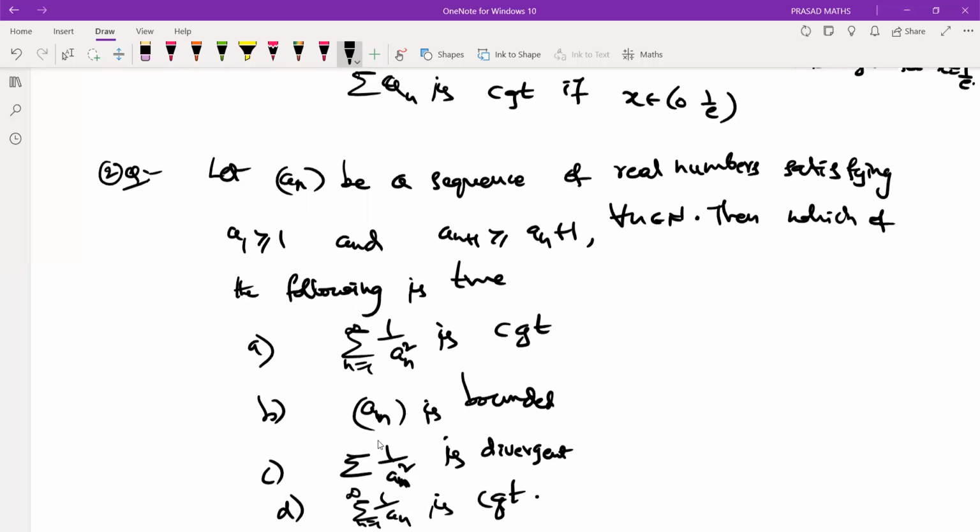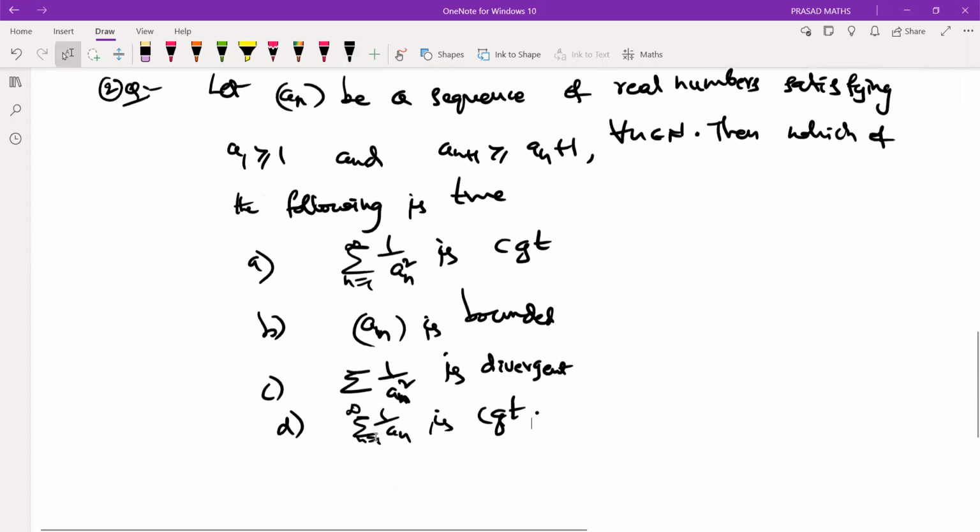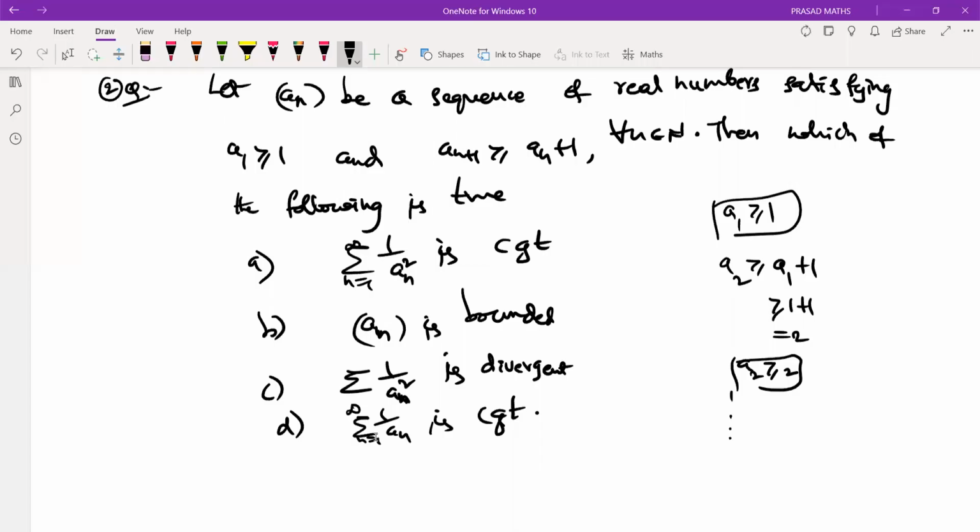Use the chat box, which answer is right, and tell me your opinion. Bigger than or equal to 1, by induction a_n is bigger than or equal to n for every n.